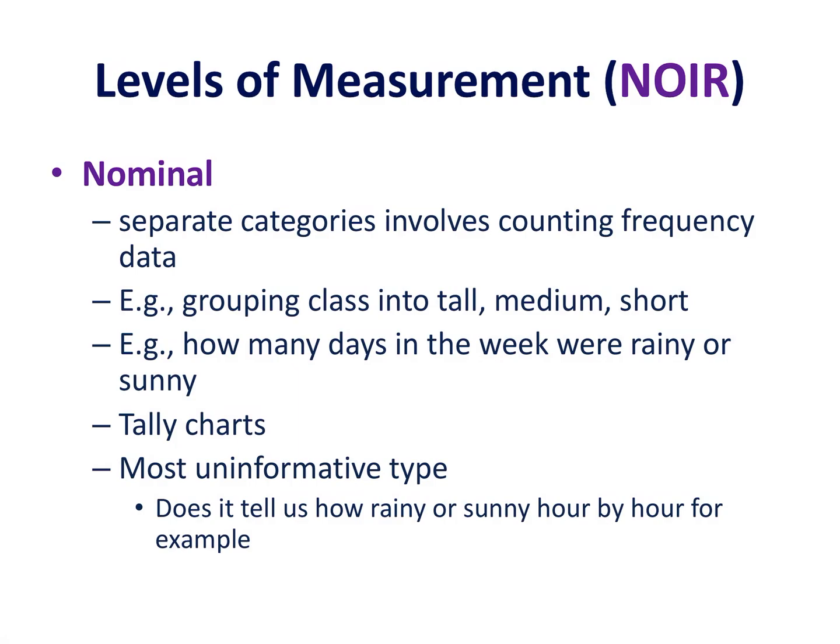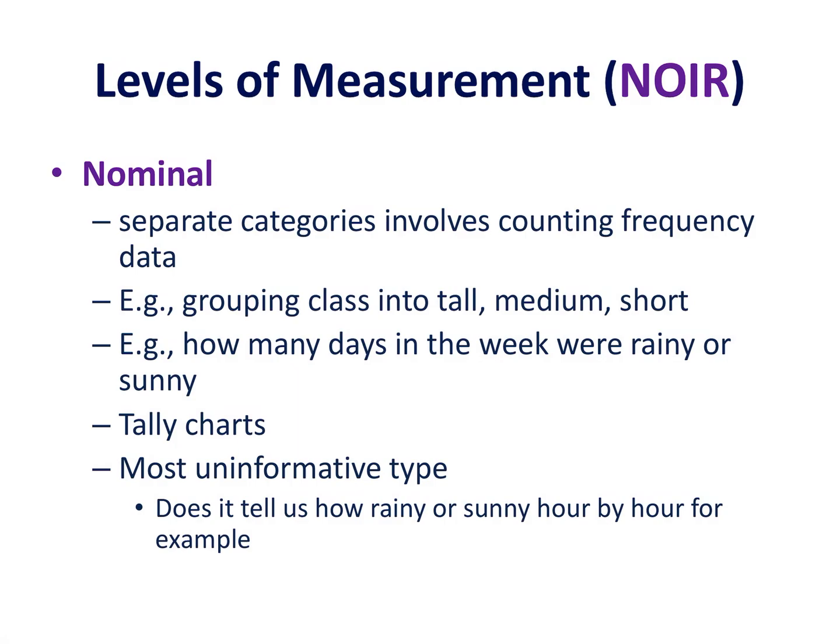Could be that you look at how many days in the week were rainy or sunny. So right through from Monday to Sunday, you've got frequencies for both rainy and sunny. And often this involves tally charts. Now, it's great and it's quick and it's easy, but I'm sure you've realised already, it's really uninformative because it doesn't tell us anything beyond just the basic frequency.